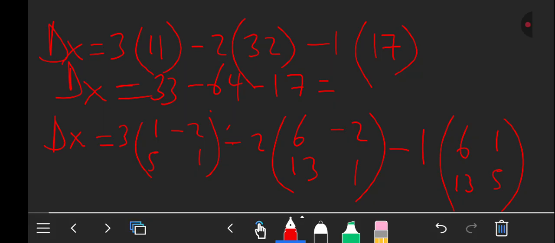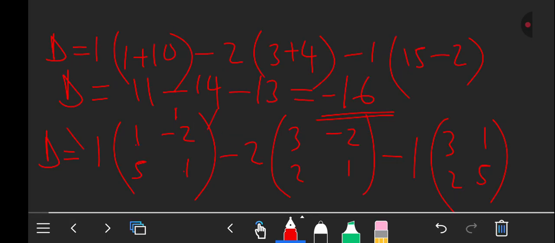So 64 minus 33, the value we'll get is negative 31. So negative 31 minus 17. What value are we going to get? Okay, so we'll get negative 48. So that will be the value for determinant of x.